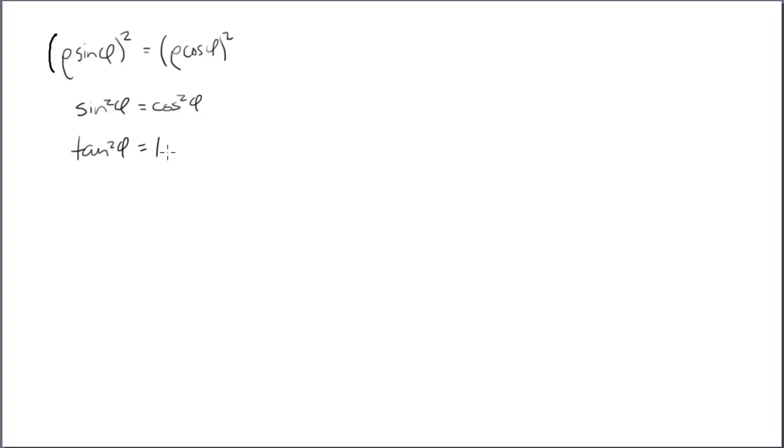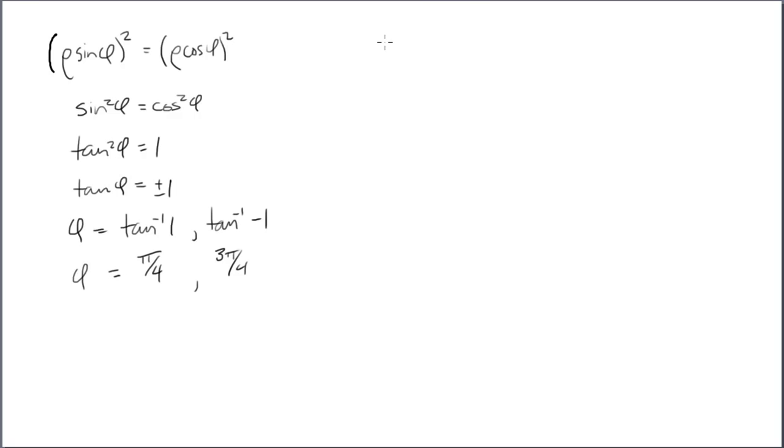Now the variable appears once, and I can solve. But again, it's 2 cases, plus or minus 1. Phi is only in quadrants 1 or 2, and so inverse tangent will work just fine, although you have to know to modify the negative things by adding pi to it. So if your calculator gives you a negative answer, you've got to add pi.